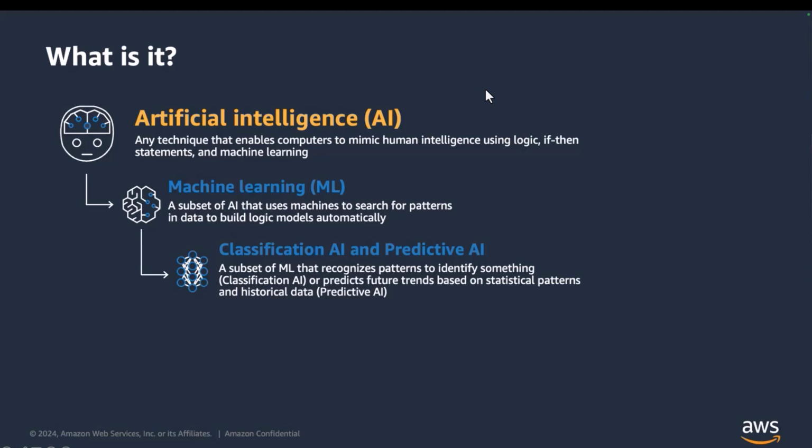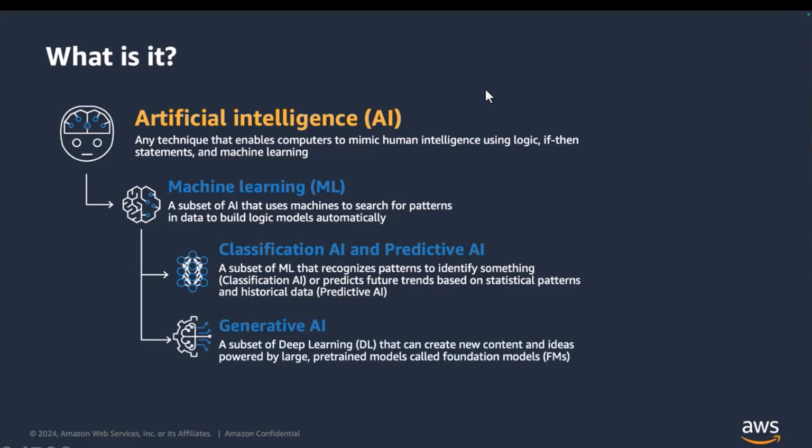Machine learning also has very specific types of approaches to consume it and to work on it. An example of that is classification machine learning or predictive machine learning. But then a subset of that as well is Gen AI, which is really the new buzzword out there, and that is a subset at the end of the day as well.